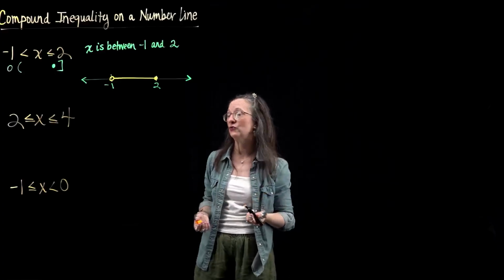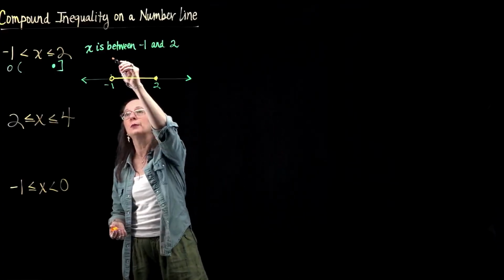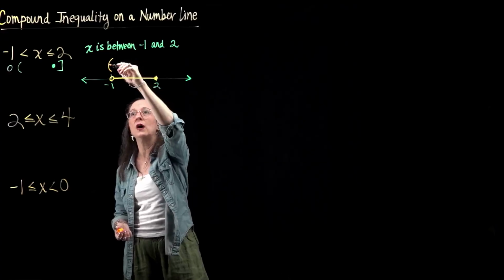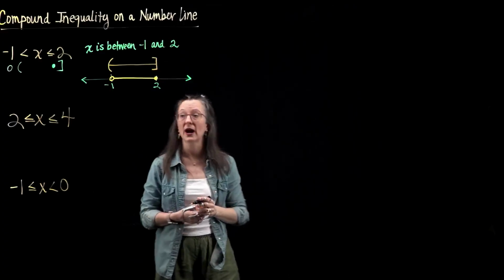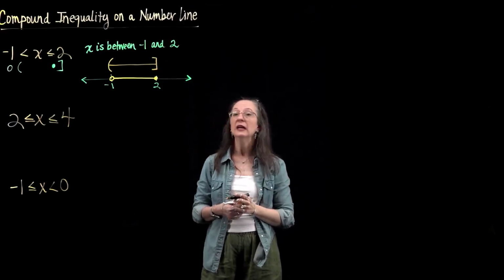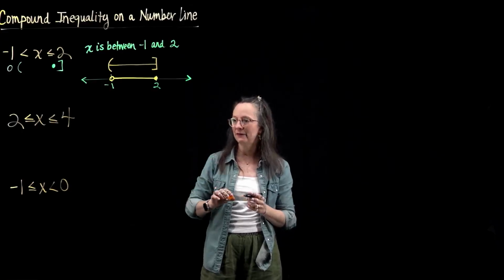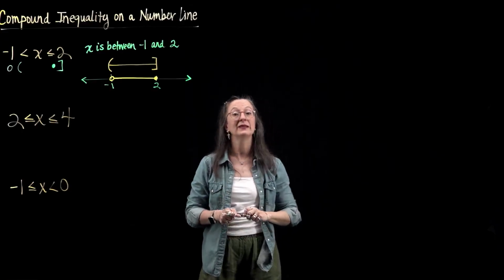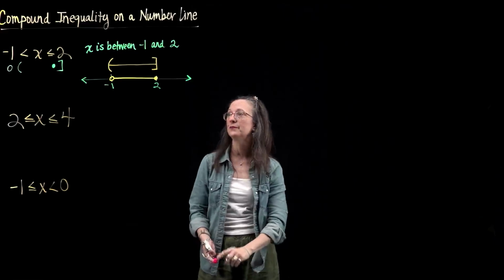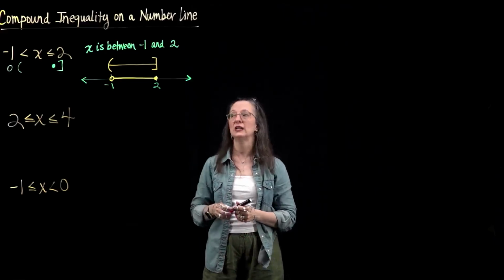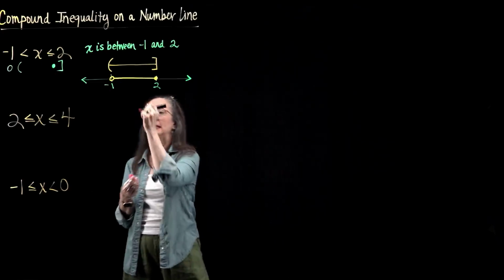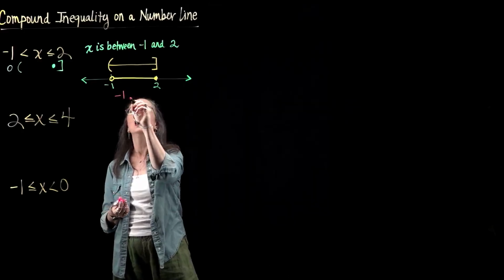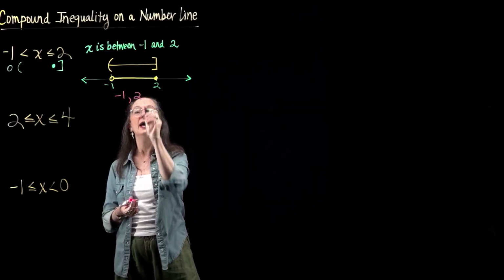Now another way I could have drawn this would be with a parentheses at -1 with a horizontal line up to a square bracket at 2. And I like that because it makes it very easy to talk about interval notation. So interval notation for this, remember we go from the beginning number up to the ending number.